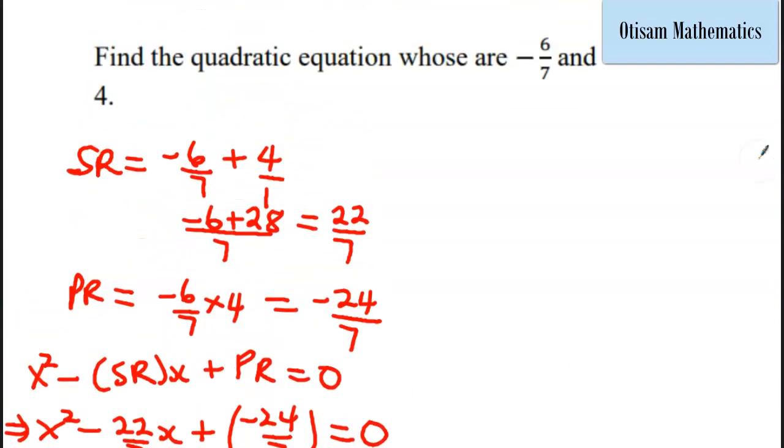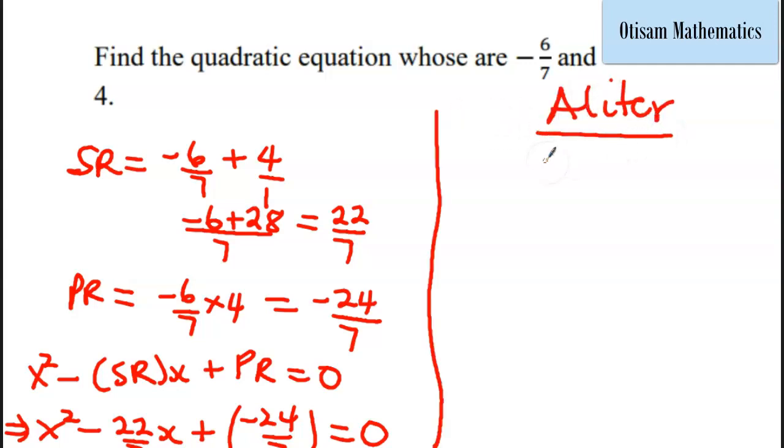See, I told you that there are two ways of forming the quadratic equation. The second way is to work from behind. If the roots are minus 6 on 7 and 4, alternative method. So x is equal to minus 6 on 7, or x is equal to 4.